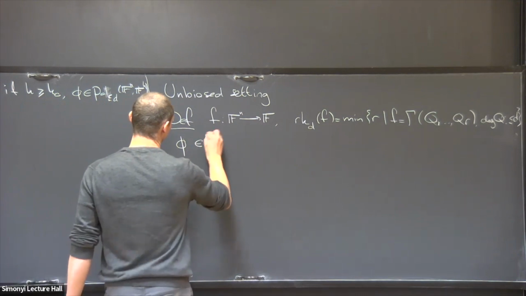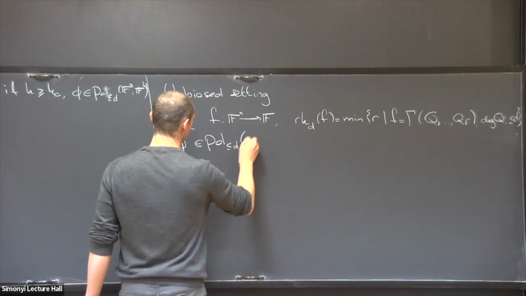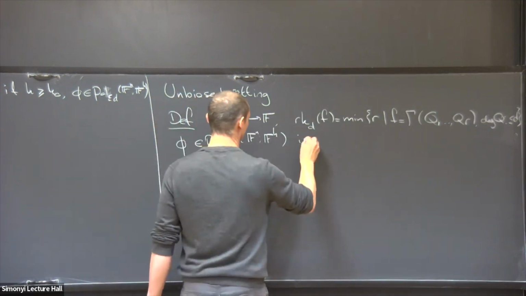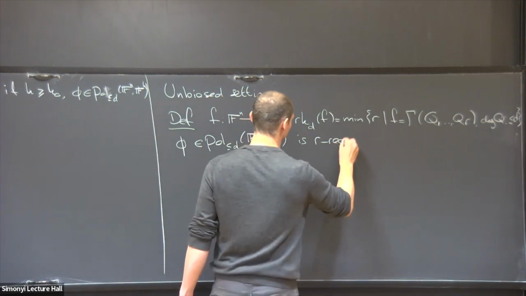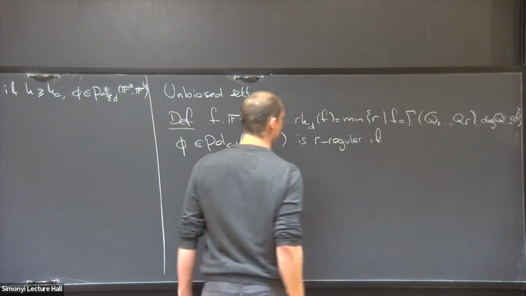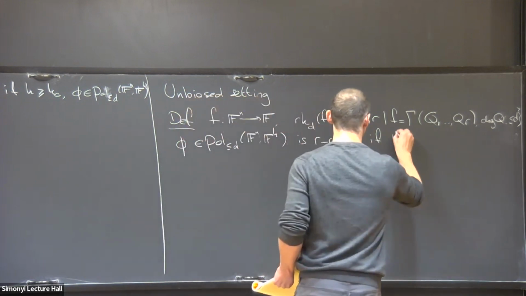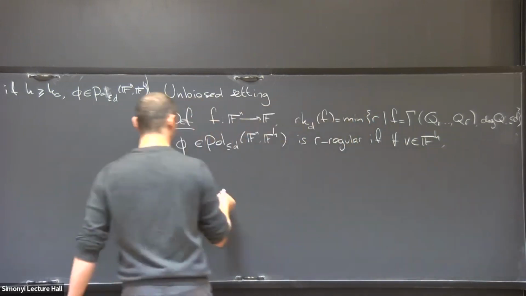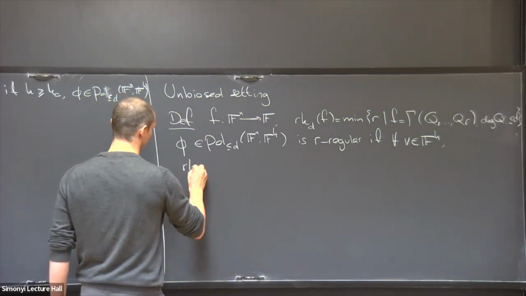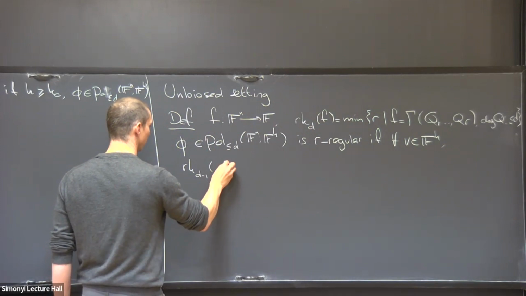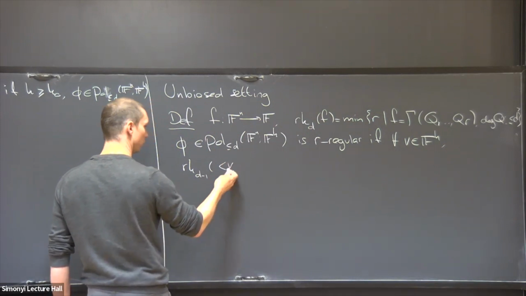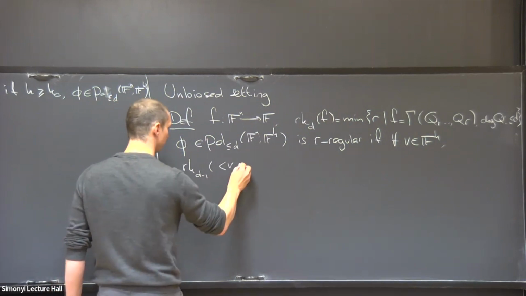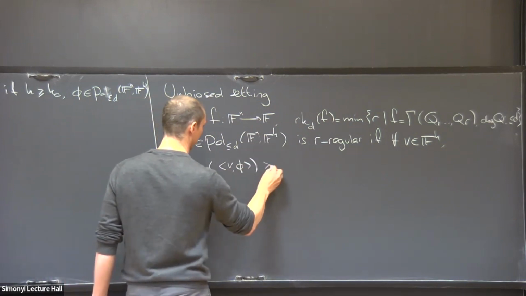So a polynomial map phi of degree d is R regular if for every non-zero vector v in F^k, the rank d minus 1 polynomial you get by adding up the polynomials giving the coefficients of phi with the coefficients of v has rank at least r.